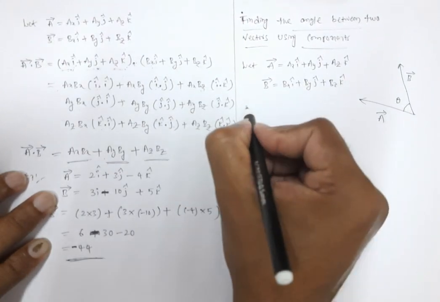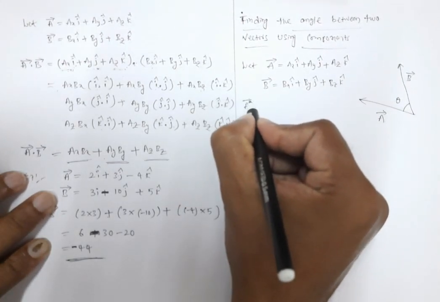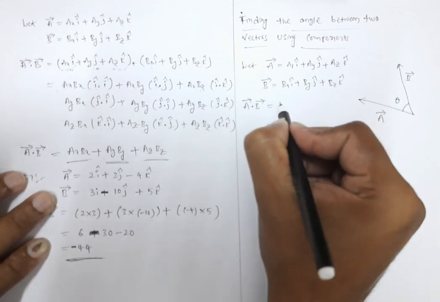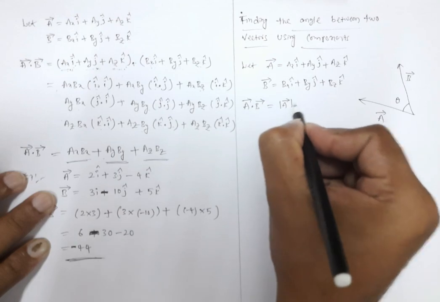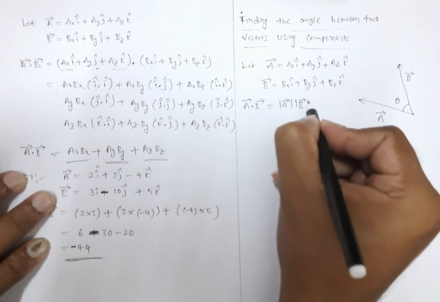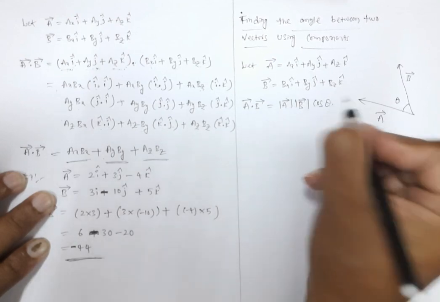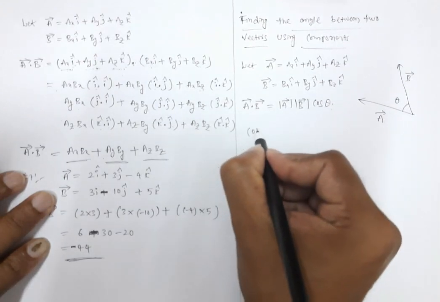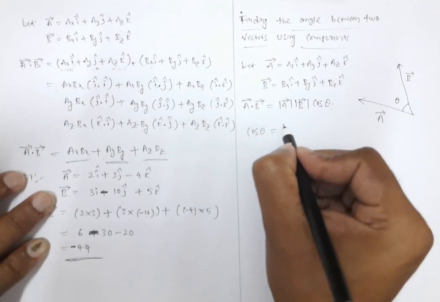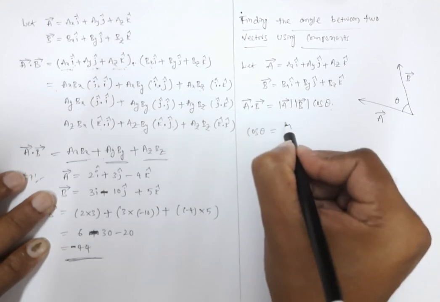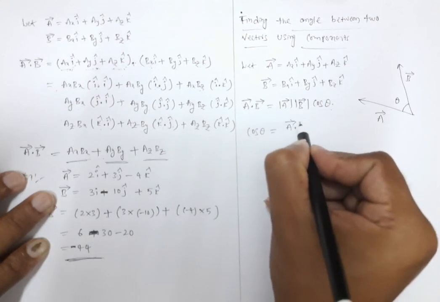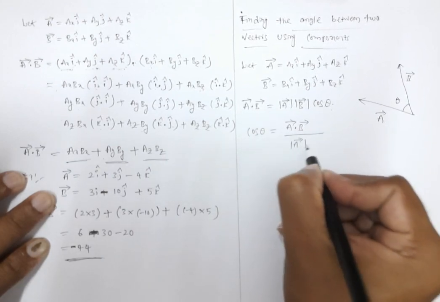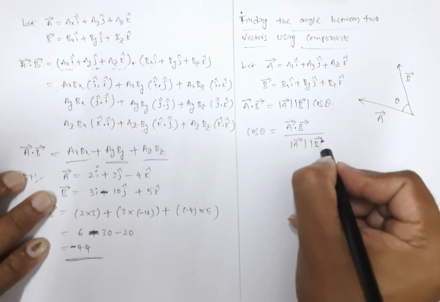Now using the dot product, what do we write, guys? a bar dot b bar is equal to the magnitude of a bar into the magnitude of b bar into cos of the angle between the two vectors, cos theta. From this equation, cos theta is equal to a bar dot b bar divided by the magnitude of a bar into the magnitude of b bar.